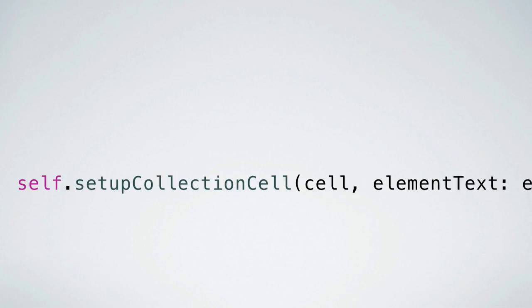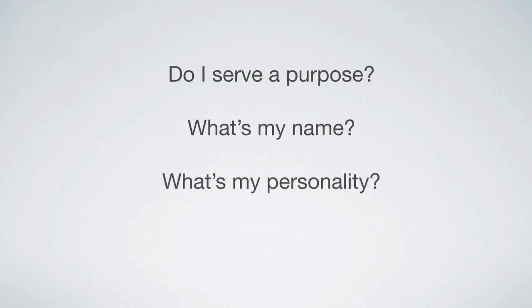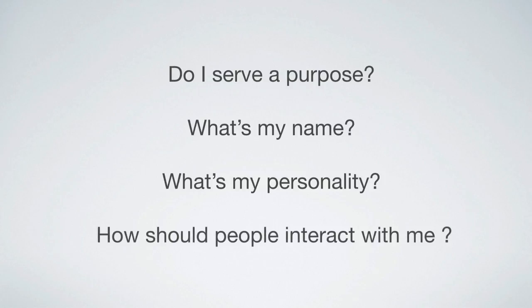And again, before we see it working, there are a few questions I also use as a guide to set my accessibility labels. Do I have a purpose? What's my name? What's my personality? And how should people interact with me?